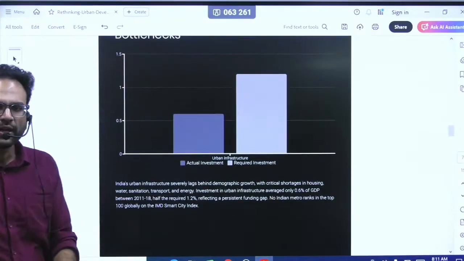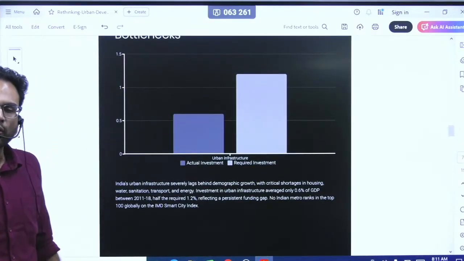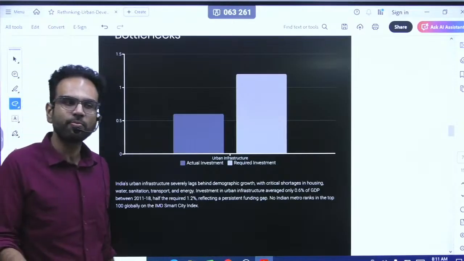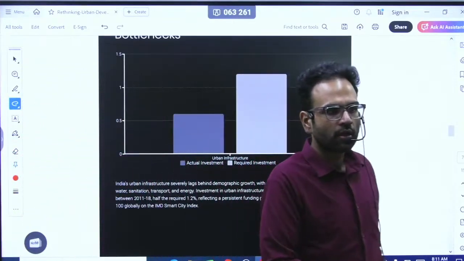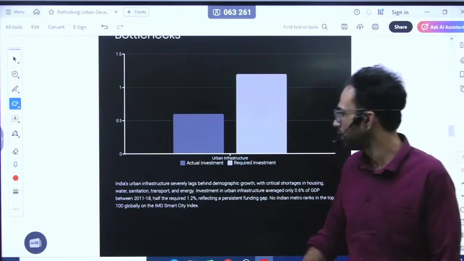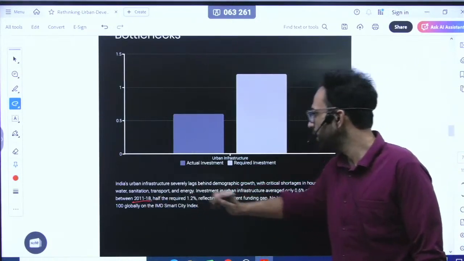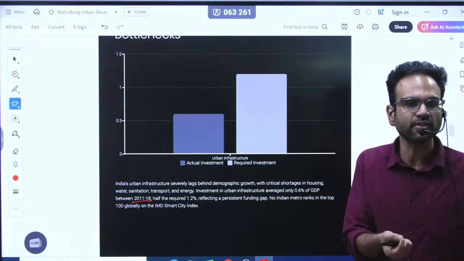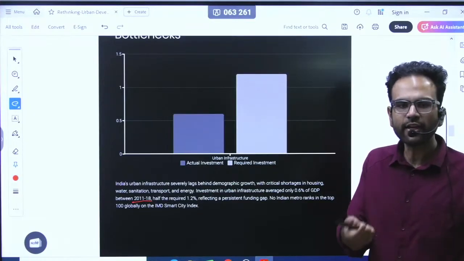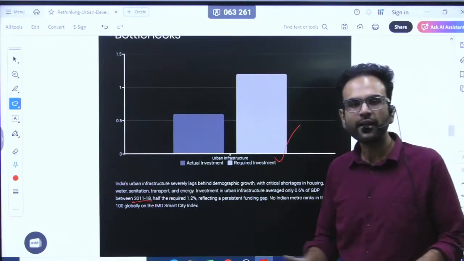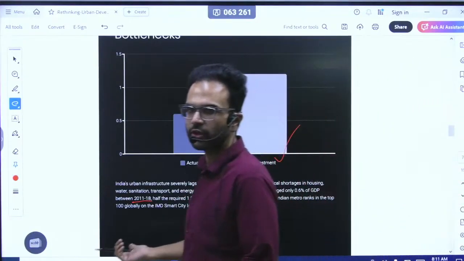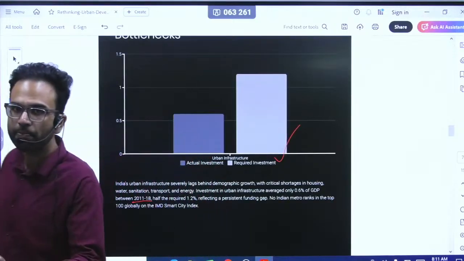So, if you take a look at another data point, we are only spending half the kind of money we need for a sustainable urban agenda. What is that amount? The data says between 2011 and 18, we only spent 0.6% of our GDP when we actually needed 1.2%. We can represent this data point through this graphical representation in your answers. That will help the examiner.